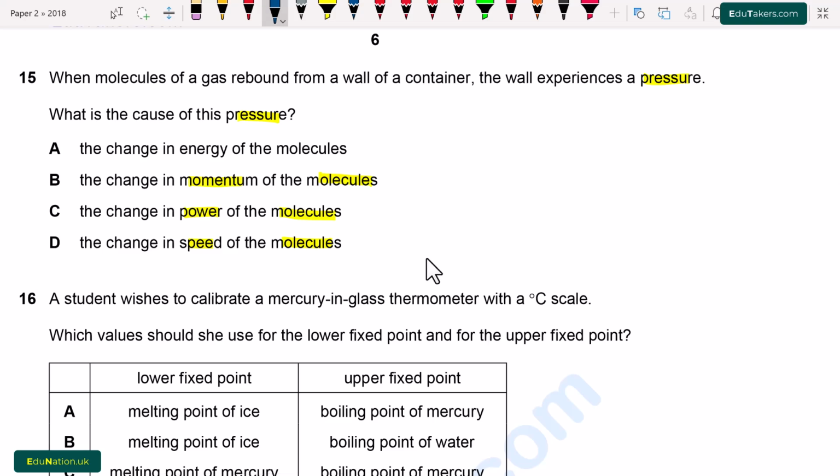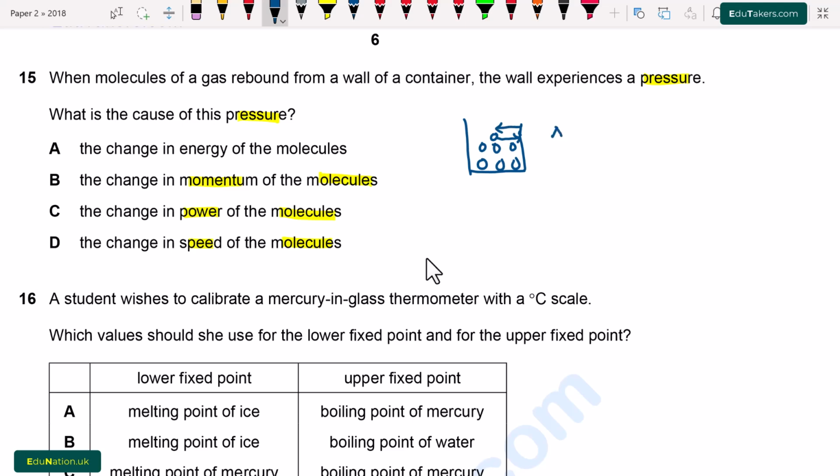First of all, I consider here a container and it contains gas. There are gas molecules inside this container. We know that the spacing between the gas molecules is very large, due to which these molecules collide with each other and also with the wall of the container. So when these molecules collide with the wall of this container, they will rebound back.